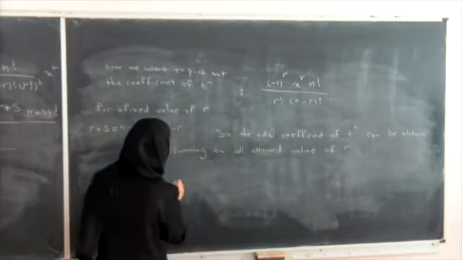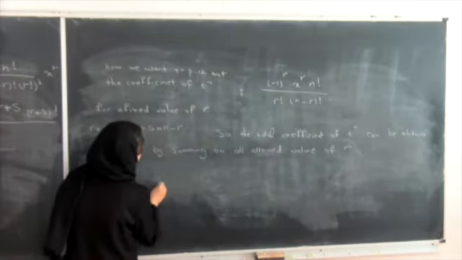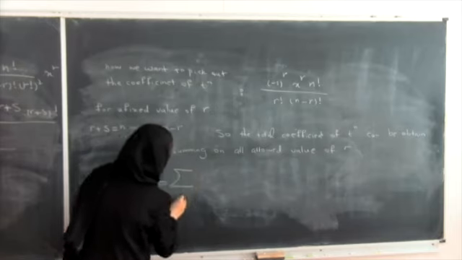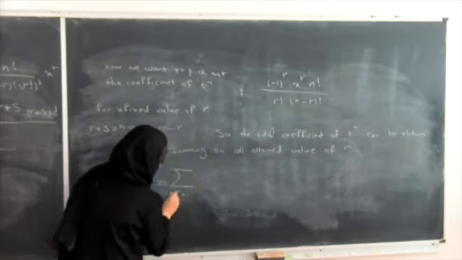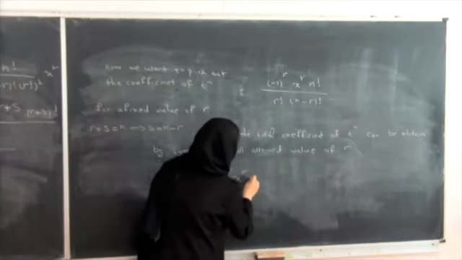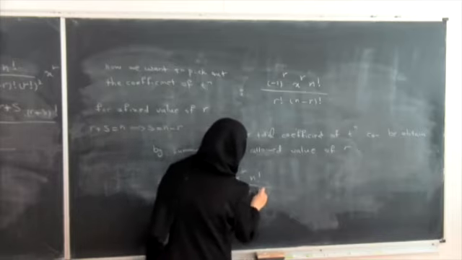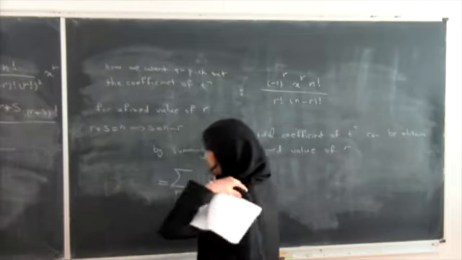So we have the total coefficient of t^n equal to the sum over r of x^r n factorial divided by (n-r) factorial.